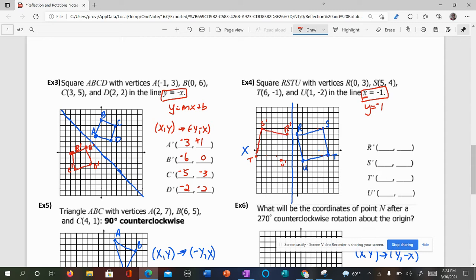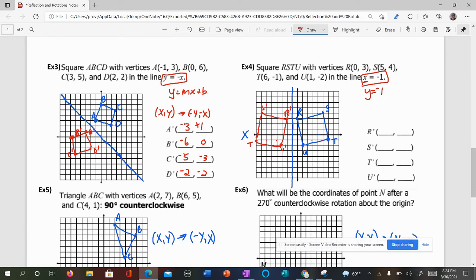Okay, so let me try to connect these without touching my screen. Okay, good. Now, the only hard part about this, and it's not really hard, is that when you're finished, you have to go back and find the coordinates. Remember, you're starting from 0, 0, so we have to start here to count this out. So R is really negative 2, positive 3.